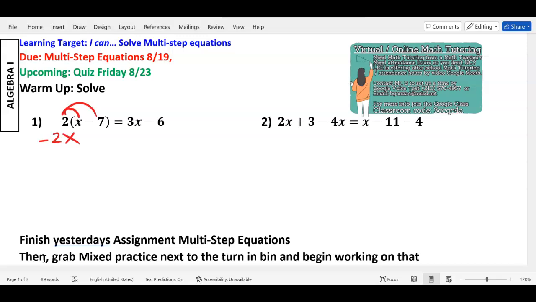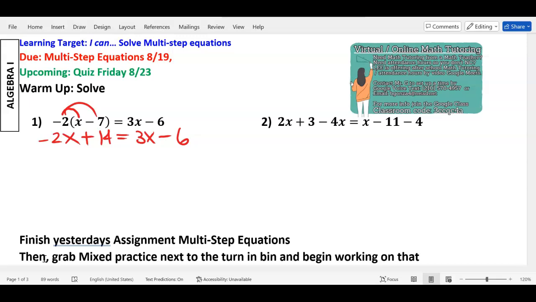Negative 2 times x, stick them together. Now, negative 2 times negative 7. Hopefully we know a negative times a negative is a positive what? 14 equals 3x minus 6. You can bring that down.